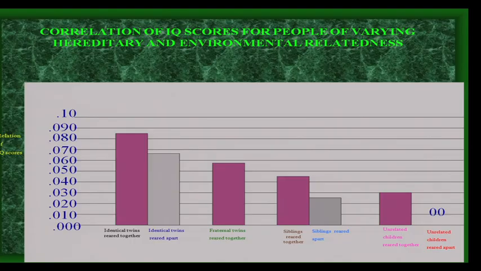This diagram shows the correlations of IQ scores for people of varying hereditary and environmental relatedness. If you look at the two colors of these histograms, they represent identical twins reared together and identical twins reared apart. So, even when they are similar in their biological makeup, they still behave differently, and their intellectual profiles, their IQ scores, are different.